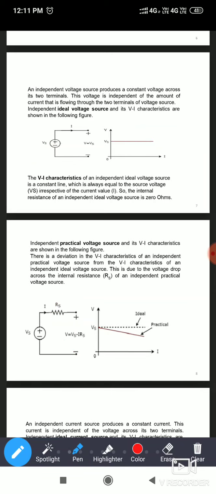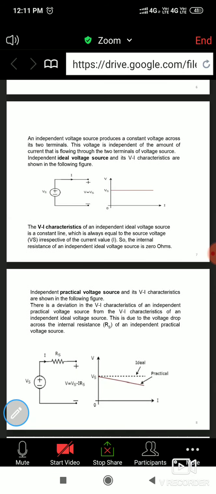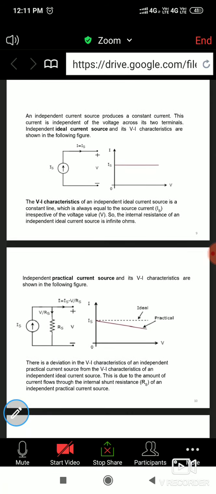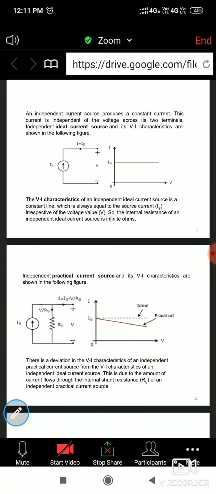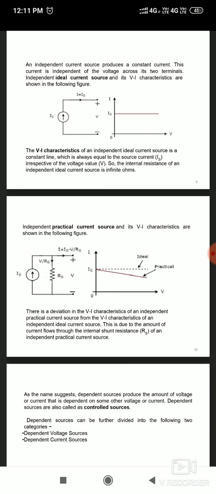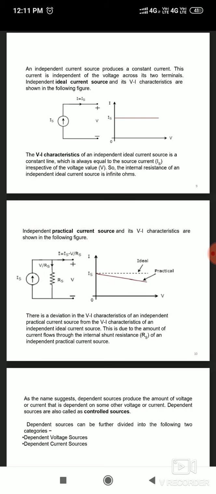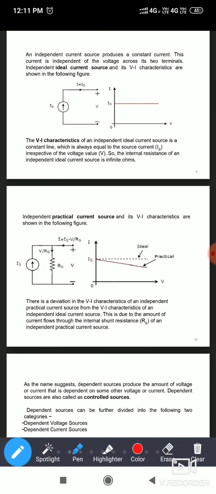Similarly, we have seen the current source. In current source we again saw two types, ideal current source and practical current source. Here Rs is connected in parallel with the current source. For an ideal current source, the value of Rs is infinite.